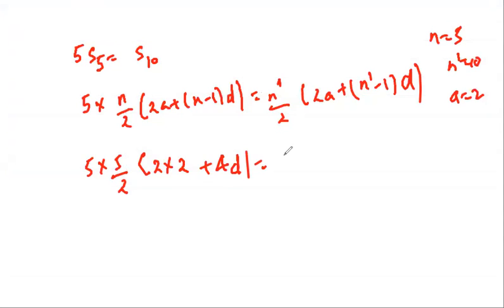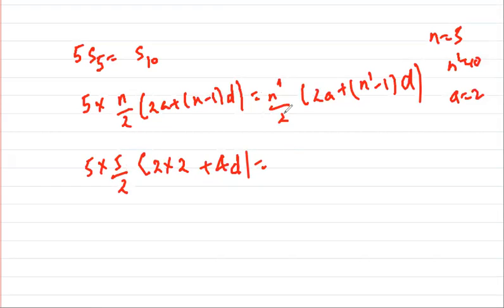Now this is equal to n dash by 2, which is 10 by 2 into 2 into 2, 4, plus 10 minus 1, 9d. So this is a linear equation in one variable, d.